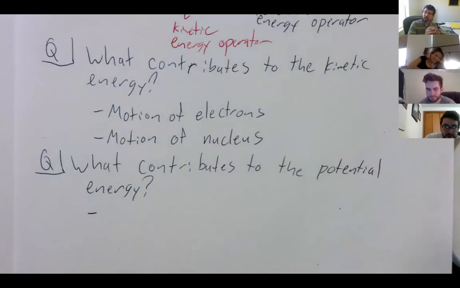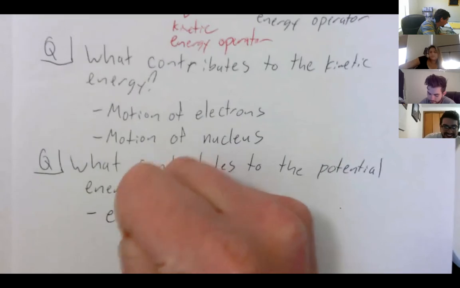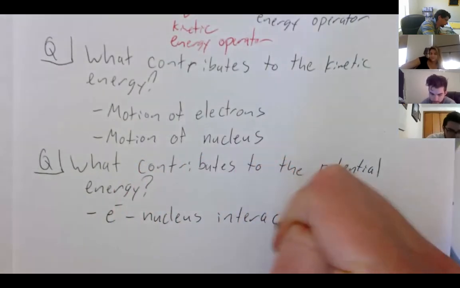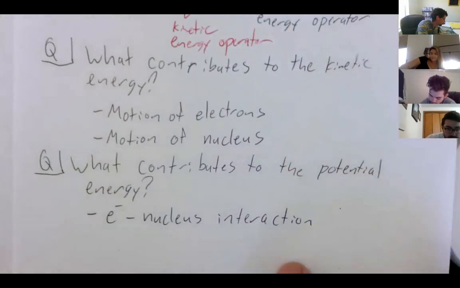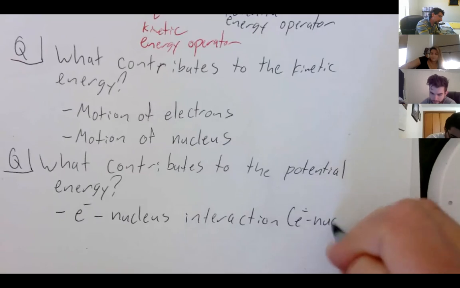Yeah, so what force is keeping that electron in orbit? Coulombic. Yeah, it's coulombic. So that's the interaction between what? Electron and nucleus. So the electron nucleus interaction, and that depends on the electron nucleus distance.